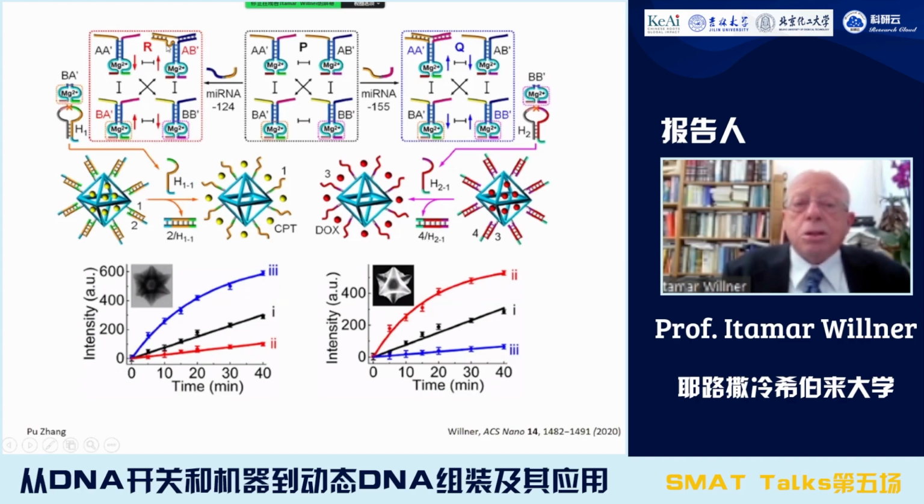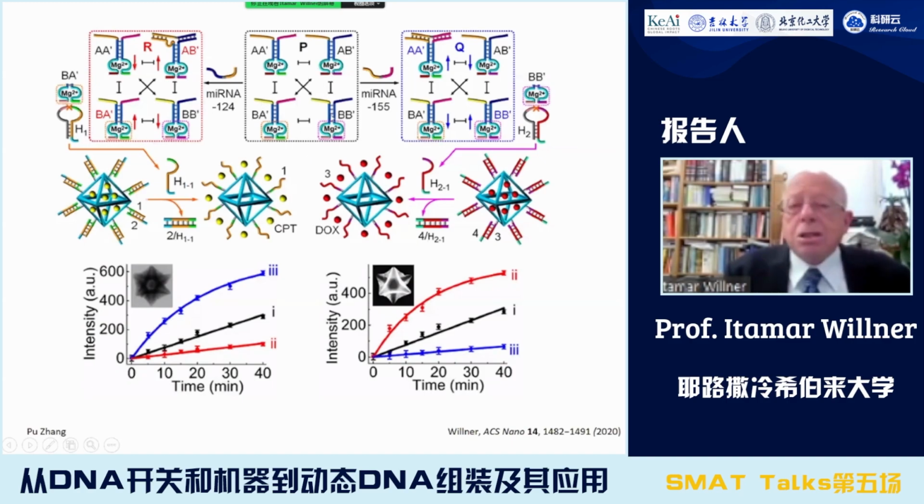This will increase the content of this constituent, will enhance the cleavage of this hairpin, and the released fragmented product will unlock this MOF particle and induce the release of camptothecin. You can see here the release of camptothecin. Under these conditions, the release of doxorubicin is very inefficient because the content of AA prime is very low.